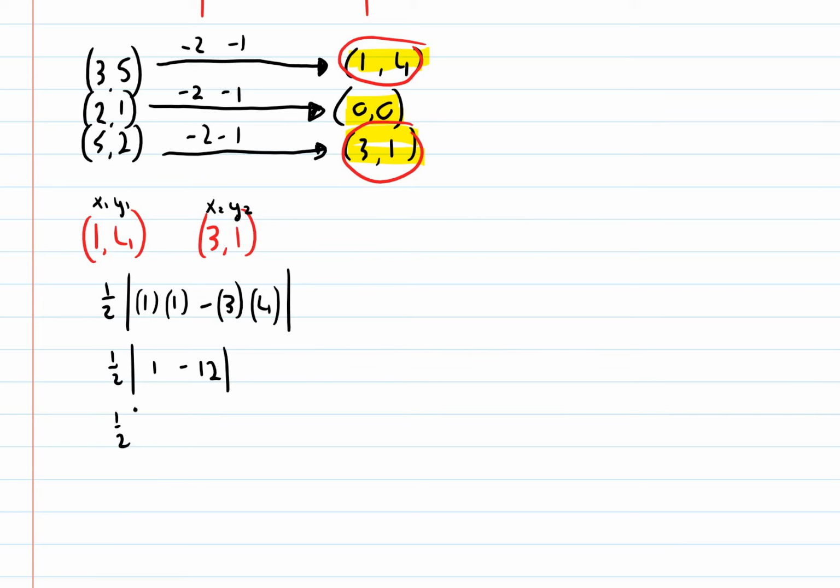That's half the modulus of minus 11. Now remember, the modulus makes whatever is in here positive, so it's half of 11, which is 5.5, and we'll call it units squared because we're dealing with area. Okay, that's it. Thank you.